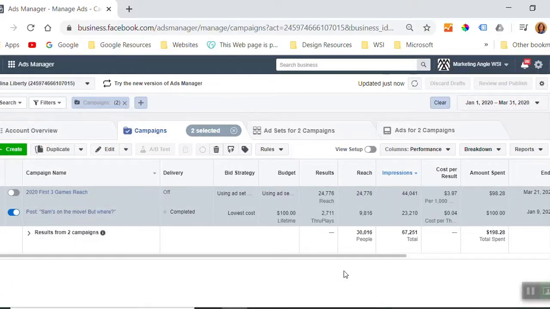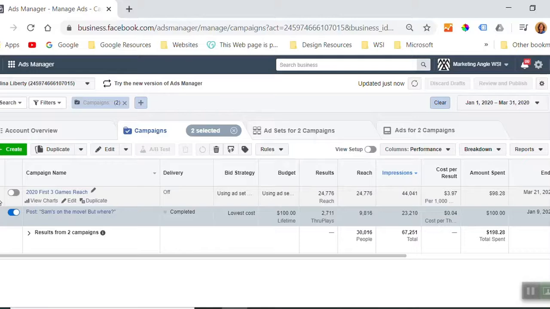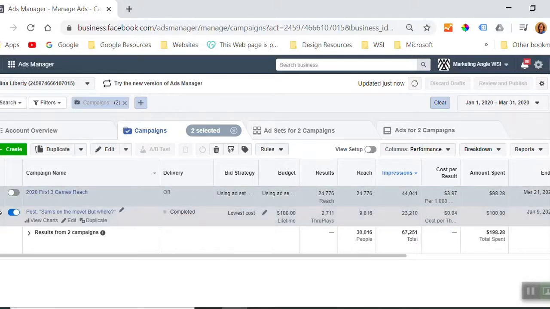And we're going to look at the difference between the two. Before I do that, I guess I'll show you what is in each of these ads and posts.